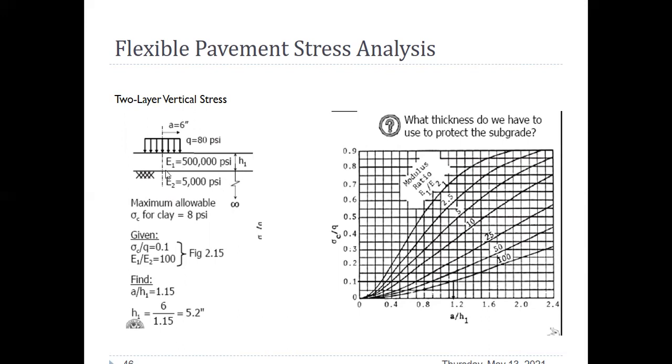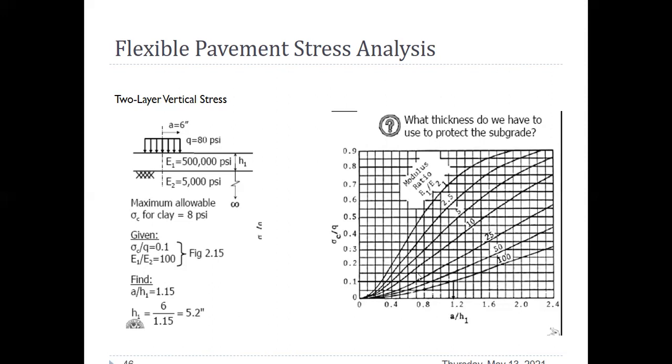Since sigma C is already given to us as 8 psi, we calculate sigma C over Q, that is 8 over 80, that's 0.1. We also want to know the modular ratio E1 over E2, and that's 500,000 over 5,000, which becomes 100.